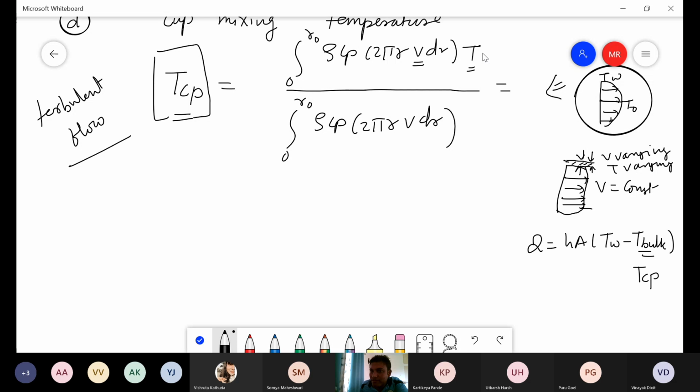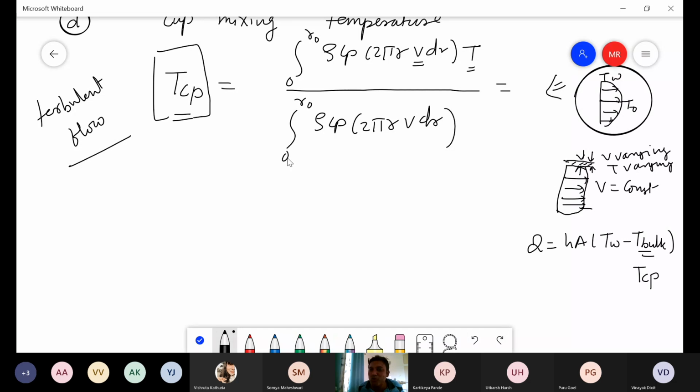But temperature is given as a function of R only, so just calculate. Velocity is also given as a function of R, isn't it? And that we are dividing it. We are dividing this entire factor here. So we are averaging. If I put v dr and if I don't divide it, then it's not correct, but I'm dividing. So I'm averaging it over even the change in the velocity.